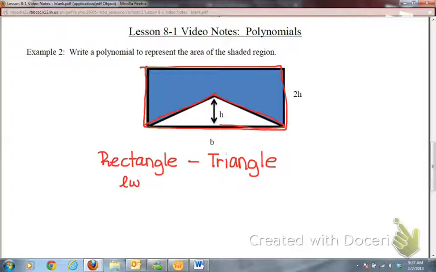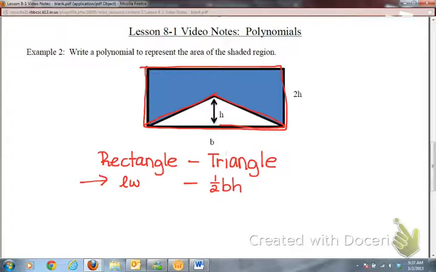And so to find the area of the shaded region in this picture, we want to take that area, length times width, minus the area of the triangle, and the formula for the area of the triangle is 1/2 times the base of the triangle times the height of the triangle.